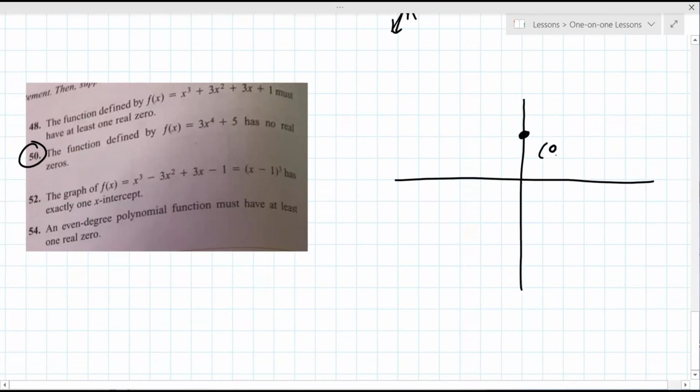If you put f of 0 in, you get 3 times 0 to the 4th plus 5, which is 5. This part means it opens up, like it looks like this. So does it have any real zeros? No, it does not cross. So this I guess is true that it does not have any real zeros.